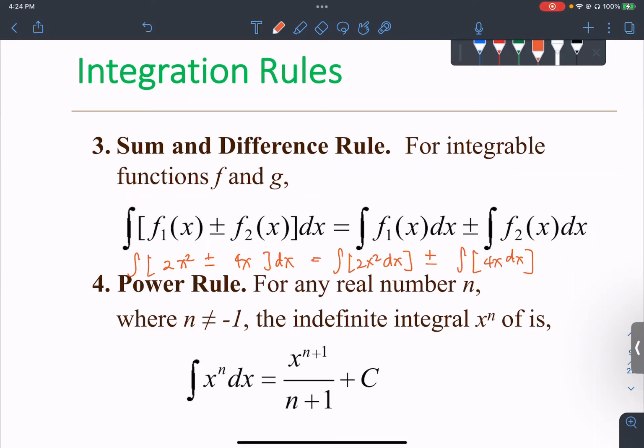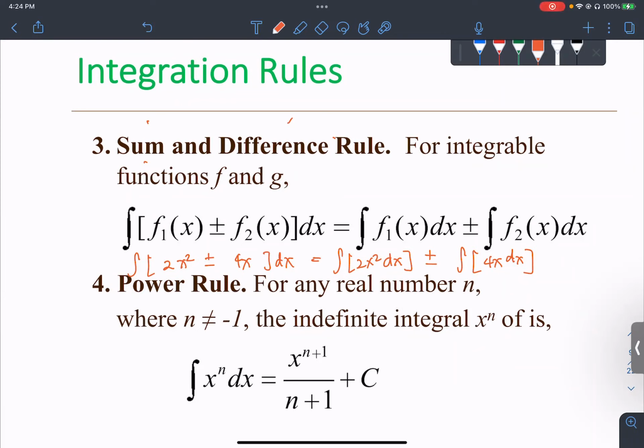So we can distribute the integral symbol to each term, as long as the operation is addition or subtraction, as long as it is a sum or difference. But take note, class, if the operation is multiplication or division, we're not doing it like this.